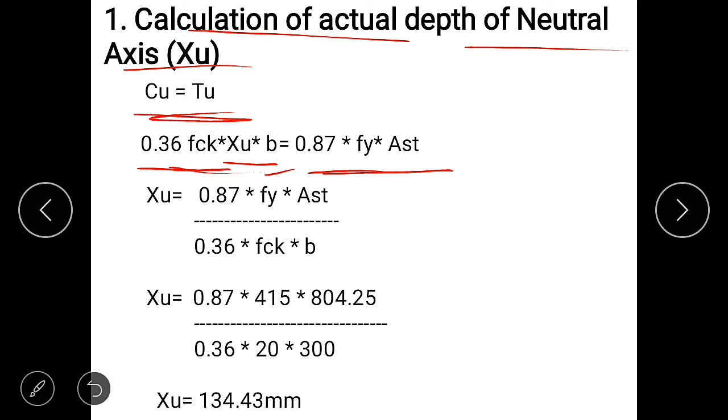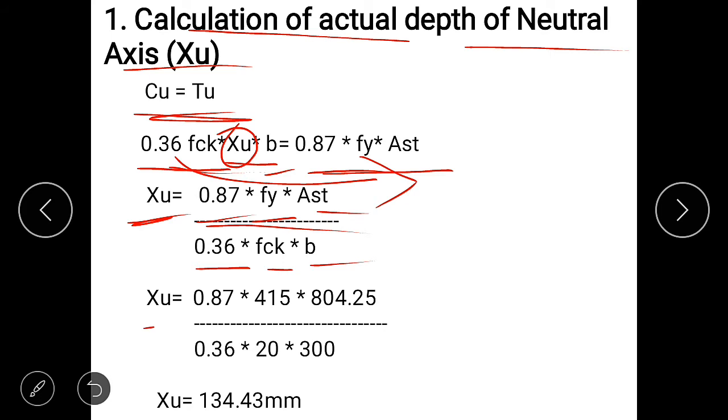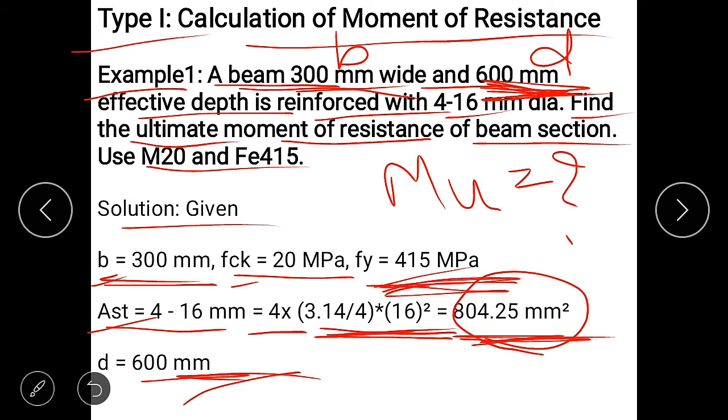So we have to find XU. So XU is 0.87 Fy into AST divided by 0.36 FCK into B. So the XU formula is 0.87, Fy is given as 415 and FCK is 20.